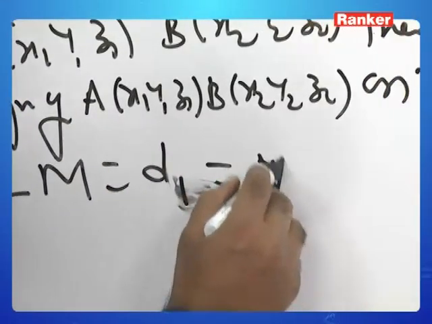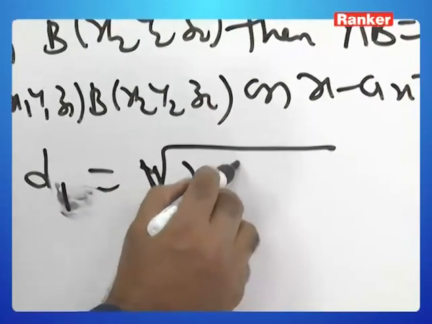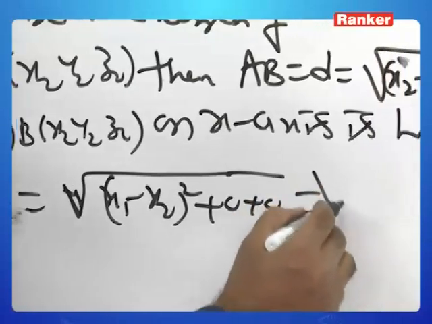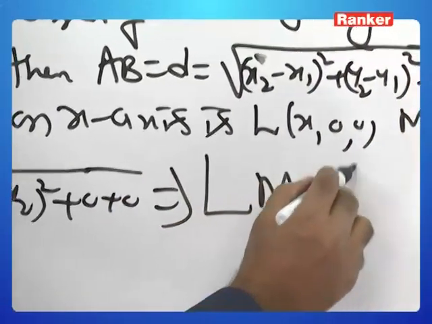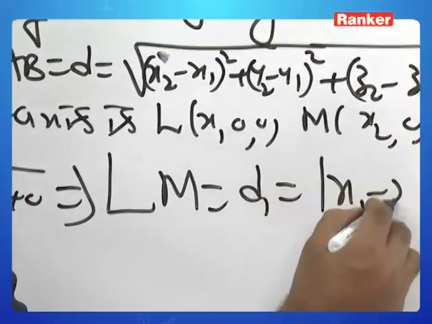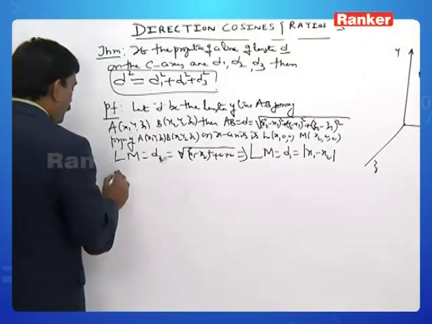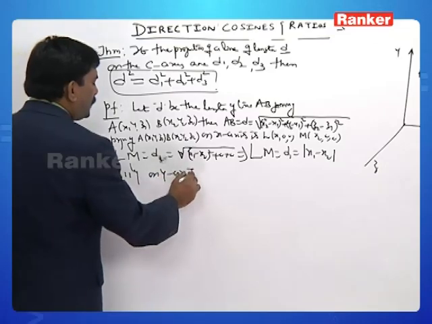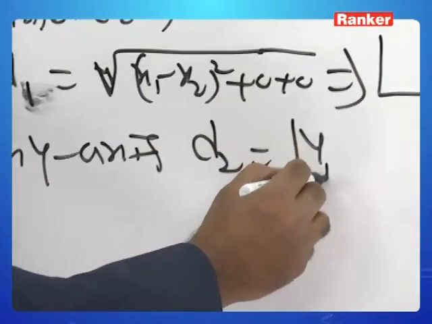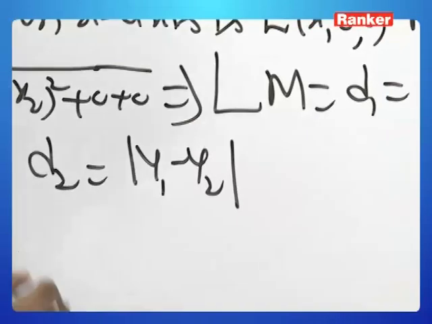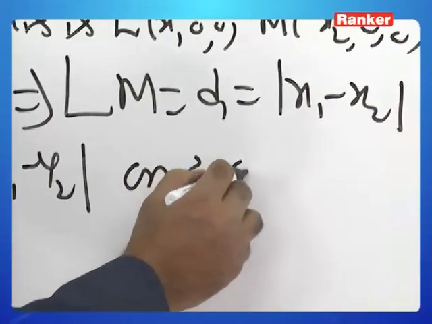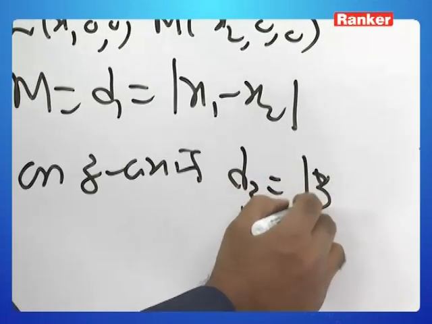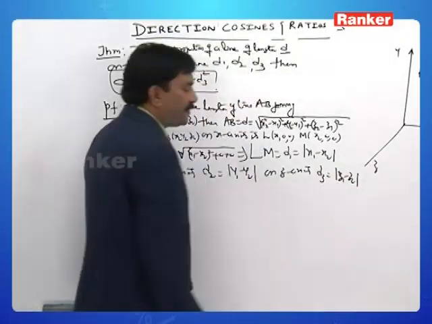Apply the distance formula. This becomes the square root of x1 minus x2 whole square plus 0, which implies LM is equal to d1, which is equal to the modulus of x1 minus x2. Similarly, on the y-axis, d2 is equal to the modulus of y1 minus y2. On the z-axis, d3 is equal to the modulus of z1 minus z2. Followed?